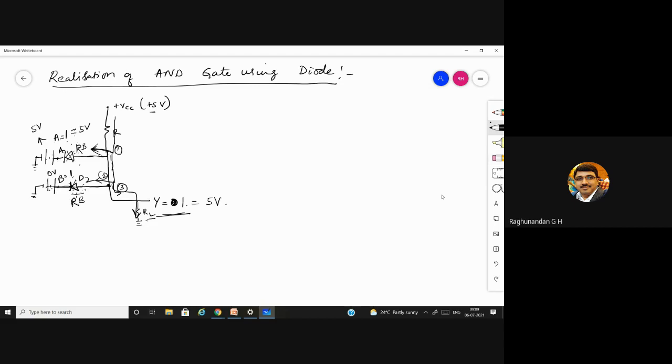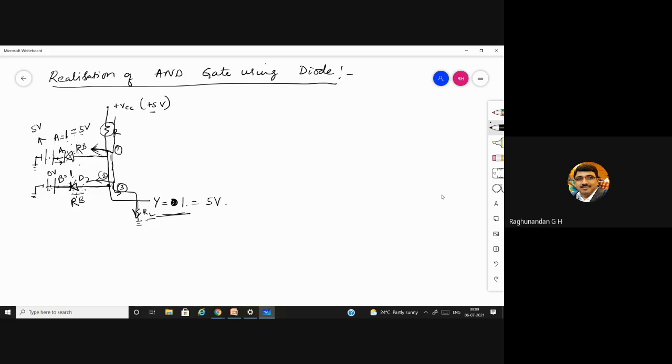Whenever I'm going to give logic 1, during that time, the battery is said to be at 5 volt. Because of this, the current starts flowing in this direction. Even the current can move like this, there is a resistance.